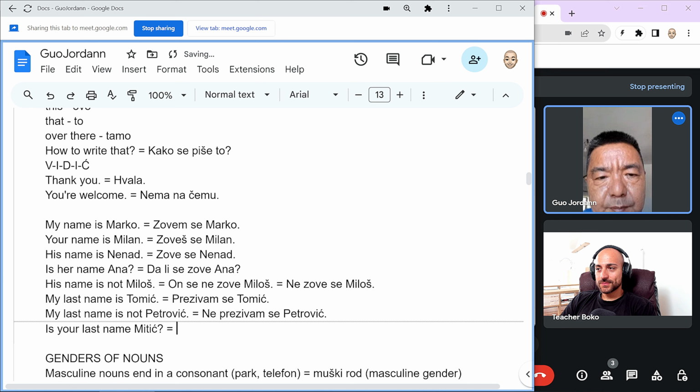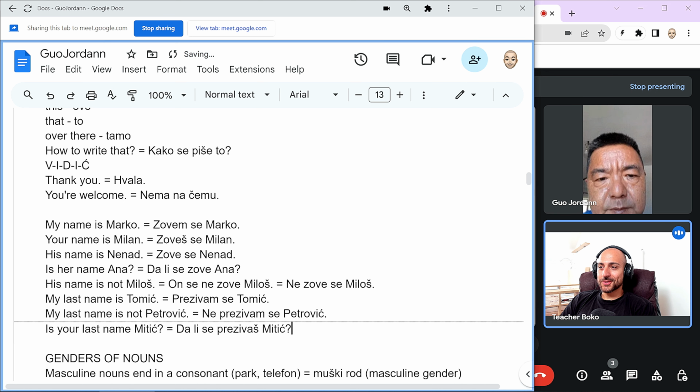Petrović. Da li se prezivaš Mitić? Da li se prezivaš Mitić?